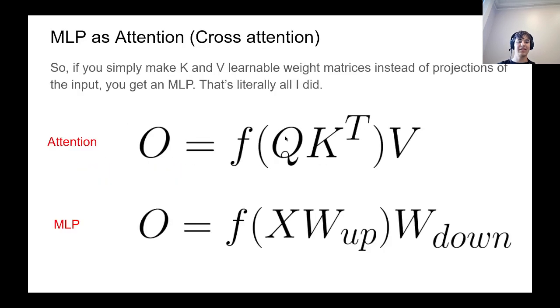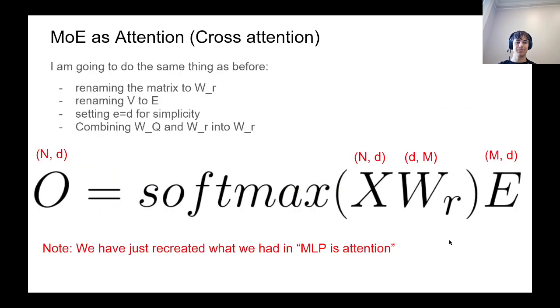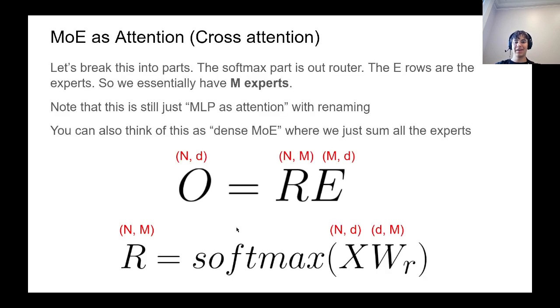So this is the exact same thing we had before for the MLP definition, except with softmax as F. Instead of W up, I have WR, and instead of W down, I have E. It's the same thing as the MLP-as-attention I showed before.